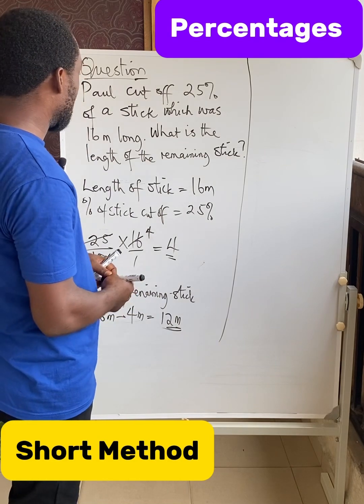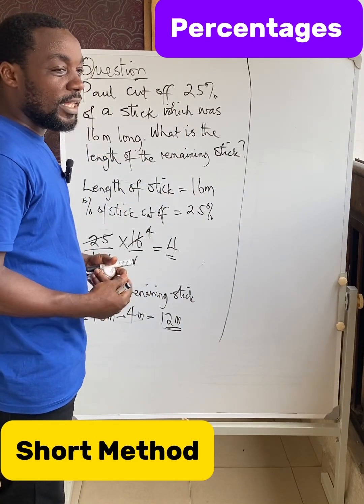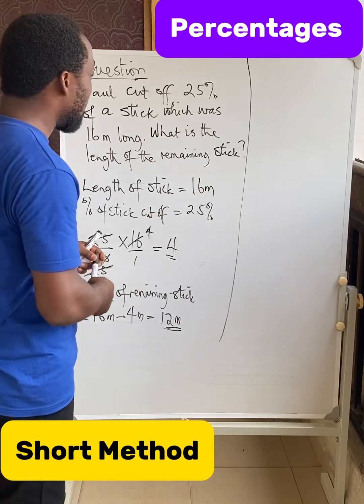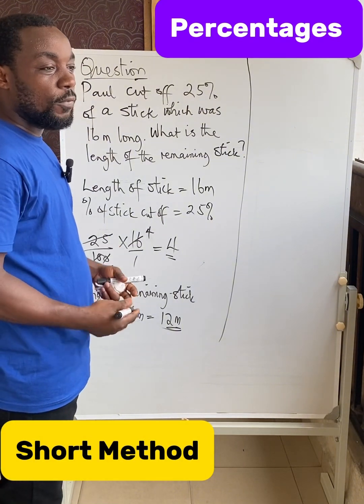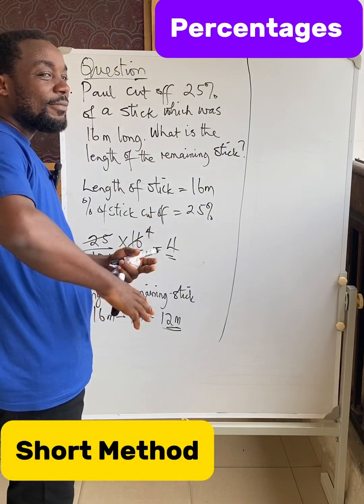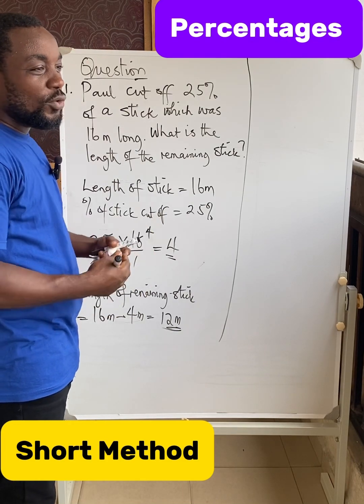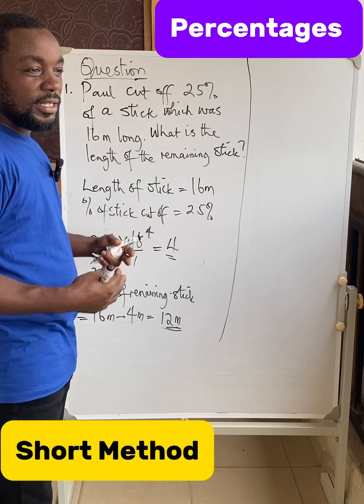The remainder method. Now, in percentage, you should know and you should teach the children that percentages sum up to 100. So if I have 25% of a stick cut off, it means 75% of the stick is what is remaining. So I do my subtraction first from 100 because I know the peak for percentage is 100.